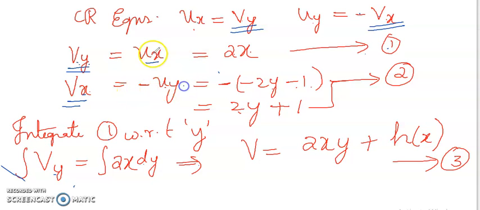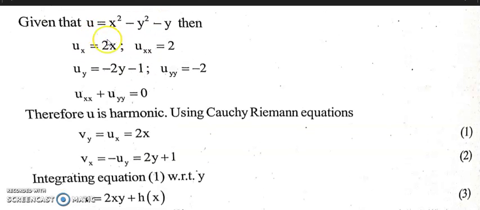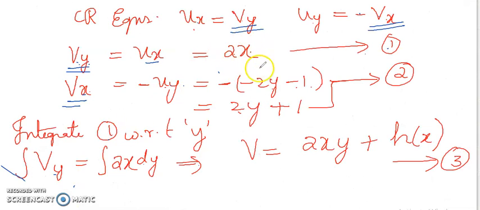Now ux is 2x and uy is minus 2y minus 1. You have a negative sign, you have a minus here. So this is equation 1, and you can multiply this inside. So you get 2y plus 1.